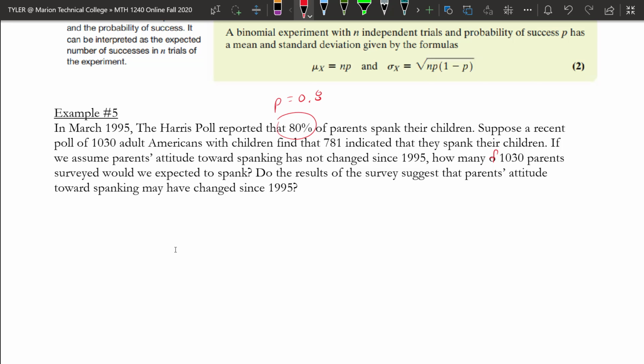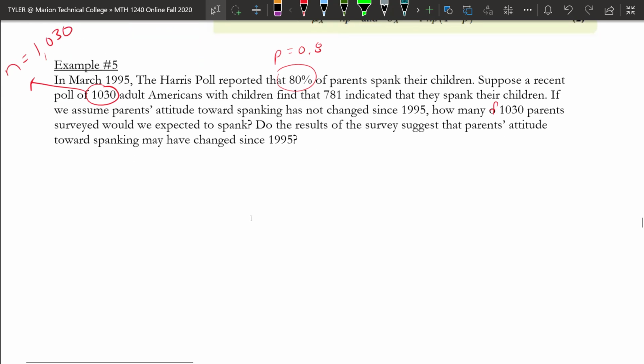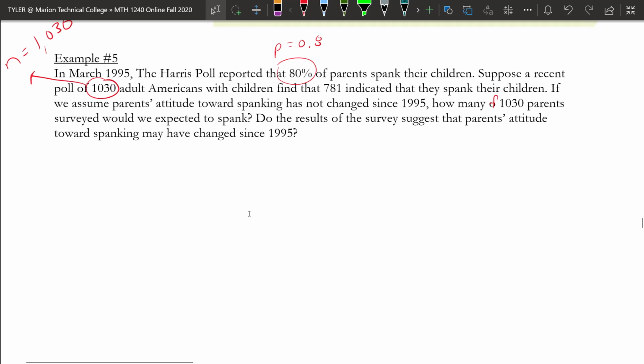And then this 1,030 value is your N. So N equals 1,030 and P equals 0.8, sorry, not 0.08.